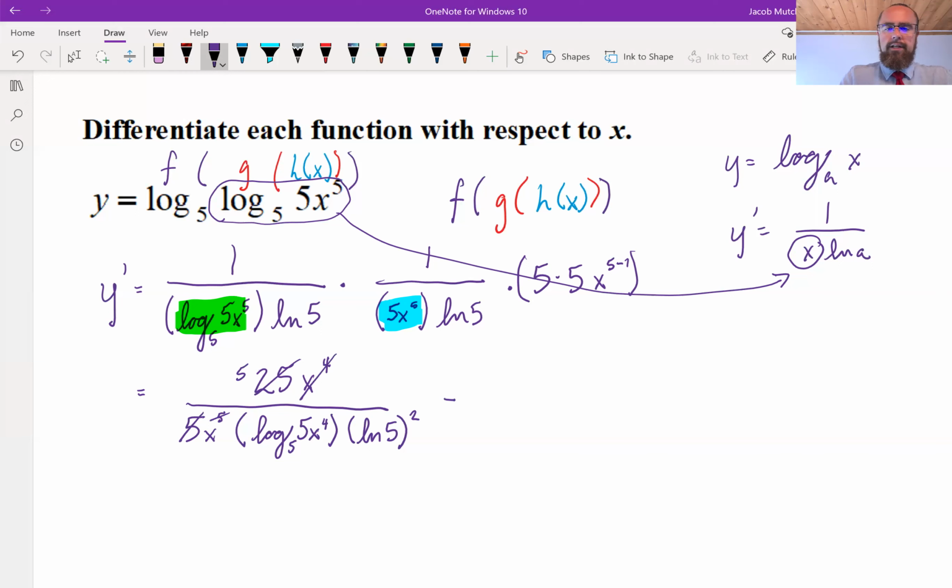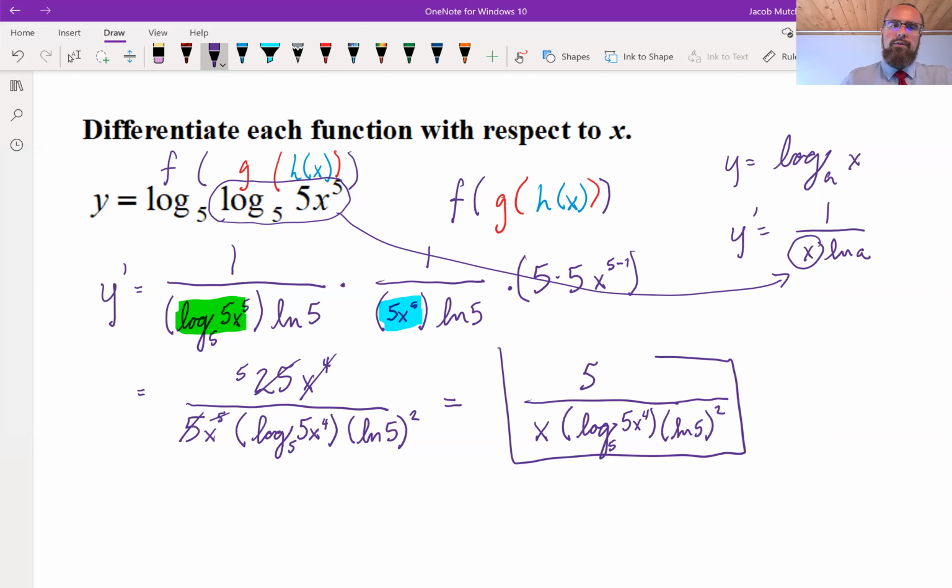So our final answer here is going to be 5 over x times the logarithm base 5 of 5x to the power of 4 times the natural logarithm of 5 squared. And that completes the derivative of that double logarithm.